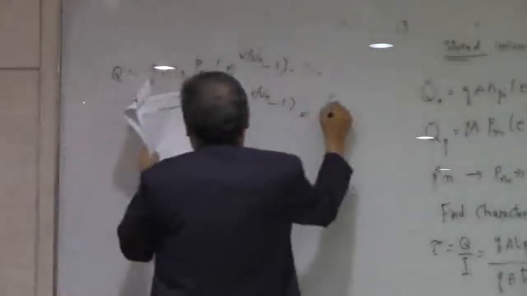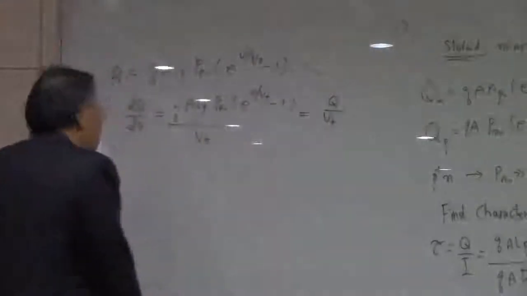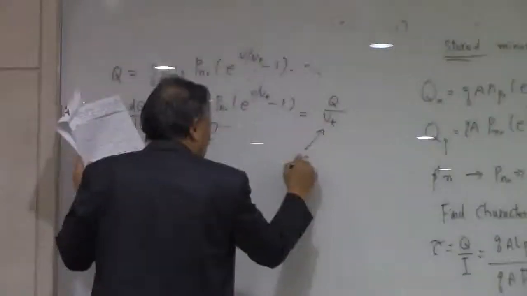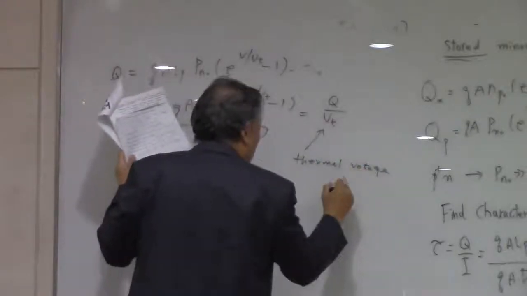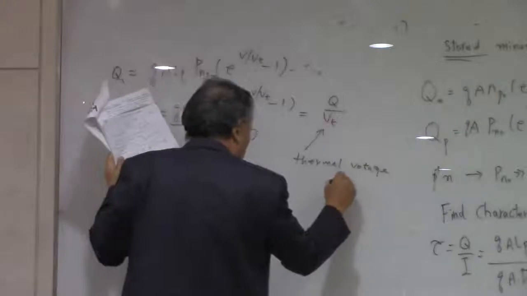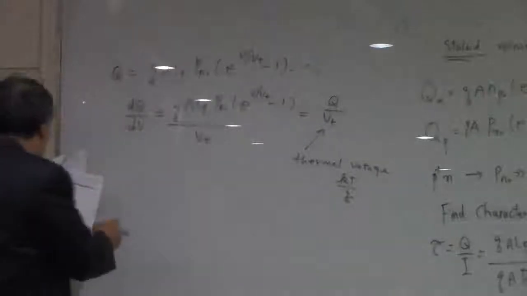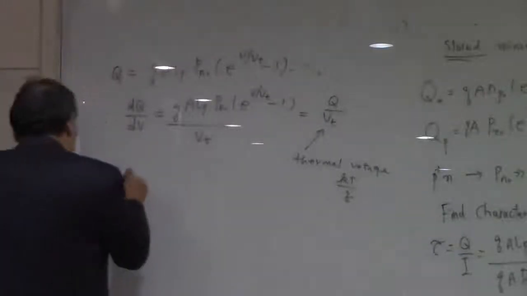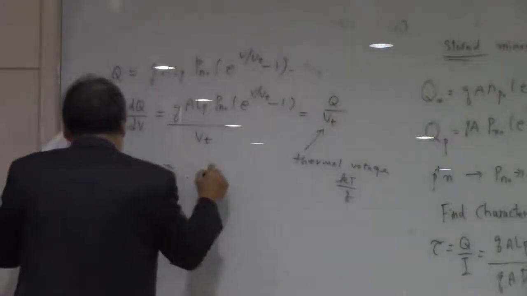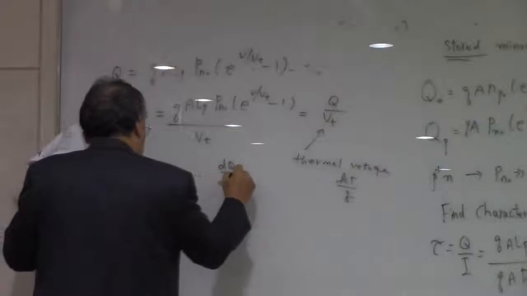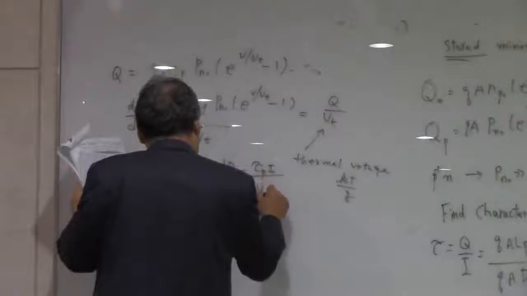Okay, and that is going to be charge over the thermal voltage. This is the thermal voltage, which is kT over Q. All right. So Q is going to be I tau P, and dq over dv, the junction capacitance, is going to be tau p over I over Vt.